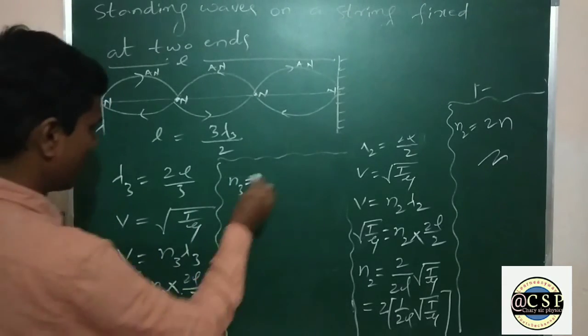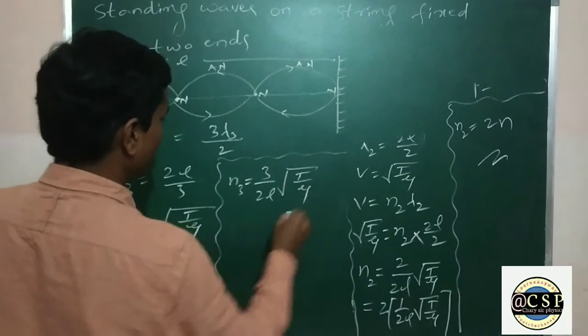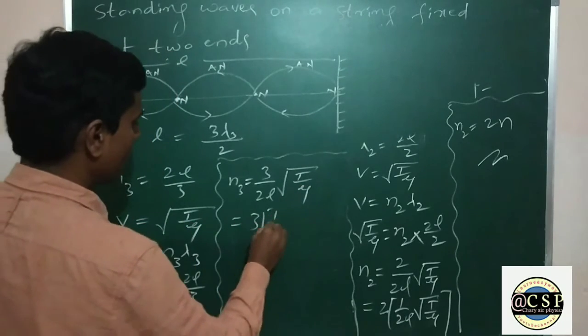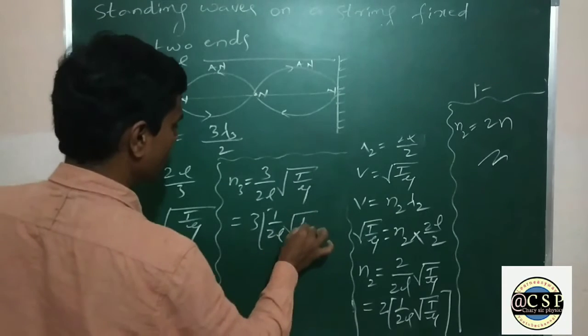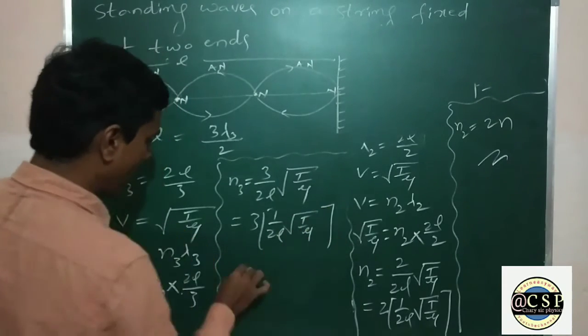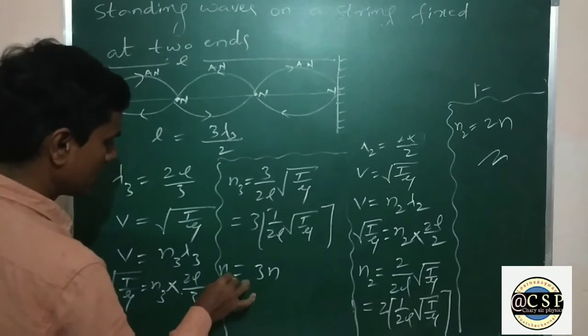Now we need to calculate N3. N3 is equal to 3 by 2L times root T by mu. So we take 3 common, leaving 1 by 2L times root T by mu. So finally we can write it as 3N. This is N3.